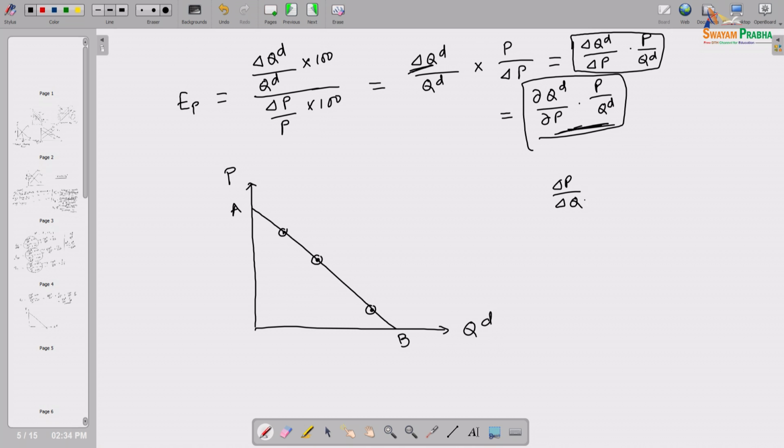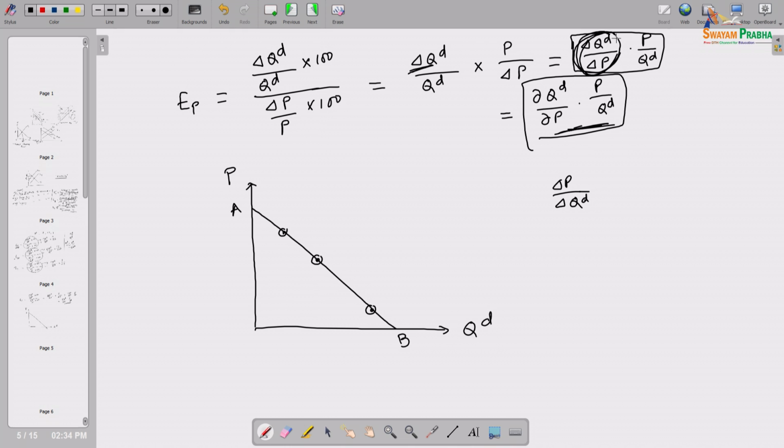Okay. Since slope, and look here, the slope or the reciprocal of the slope is only one component, or one part, of the entire elasticity expression, right.